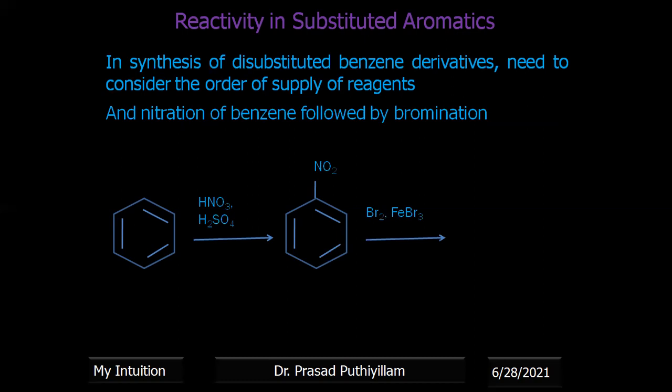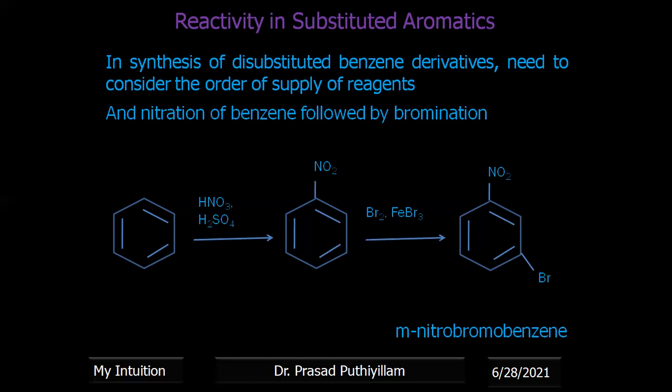In nitrobenzene, nitro is a ring-deactivating group, which destabilizes the ortho and para positions. Therefore, bromine attacks the meta position, as it is a meta directing group. So we get meta-nitrobromobenzene.